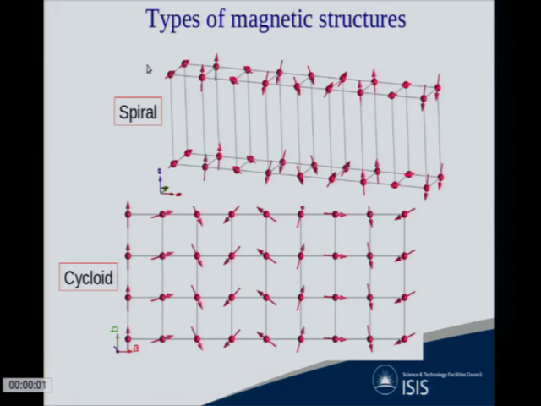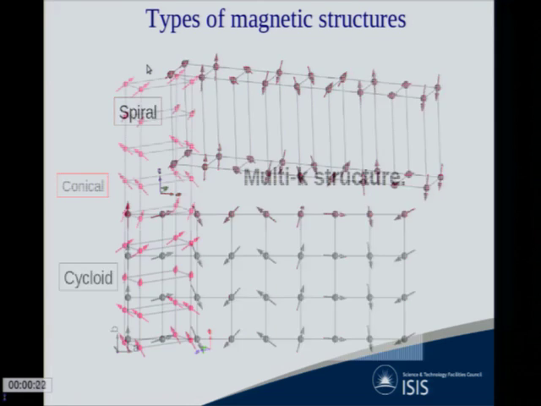And then you can have states where the magnetic moment doesn't change in magnitude, but changes in angle. These are essentially spirals, where the moments rotate perpendicular to the q vector. And then cycloids, where the magnetic moment rotates in the plane of the modulation, and things like that. And then any possible combination of these states, so you can have very, very complex magnetic states.